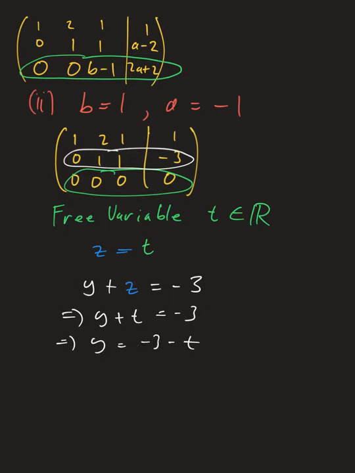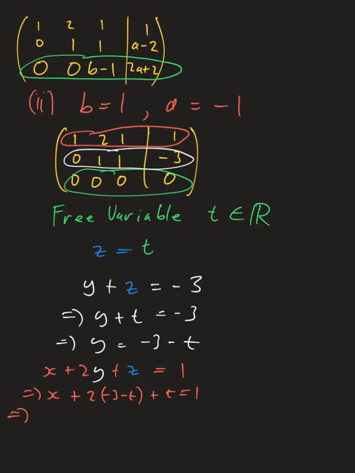And then I substitute back again into the first row. So as an equation, that first row reads x plus 2 times y plus z is equal to 1. Substituting back in my values, that comes out to be x plus 2 times (minus 3 minus t) plus t is equal to 1.